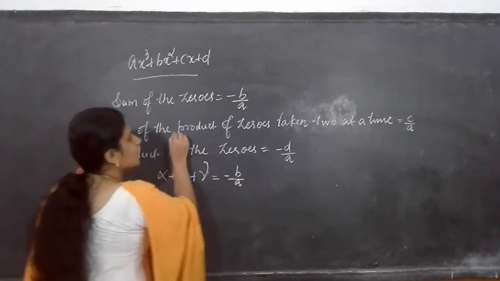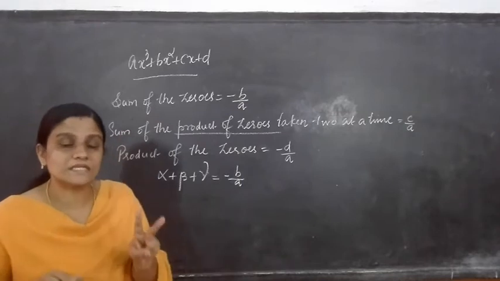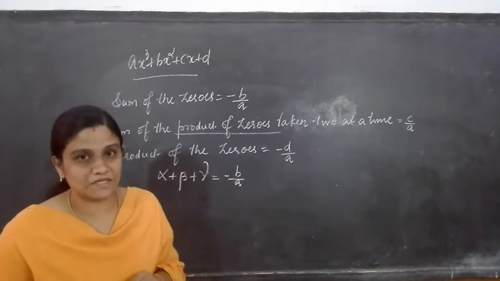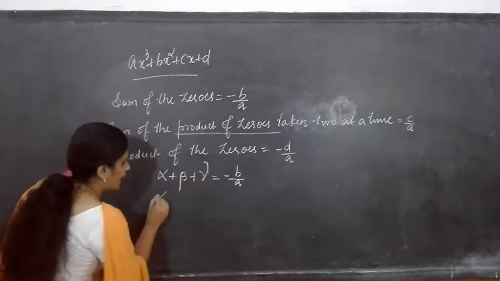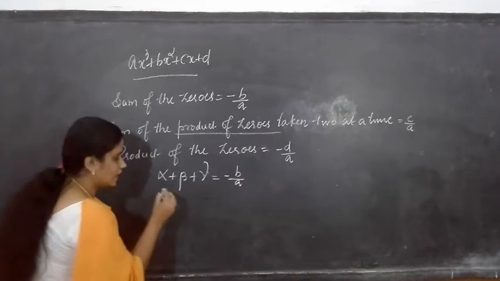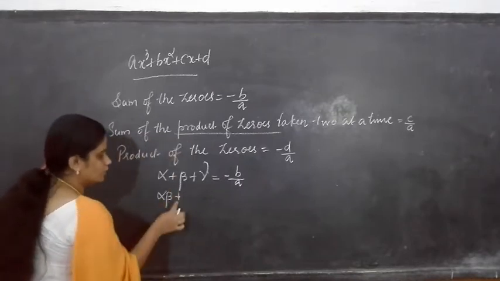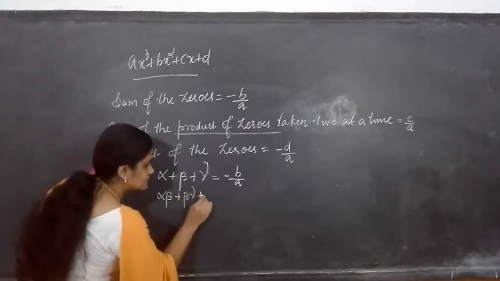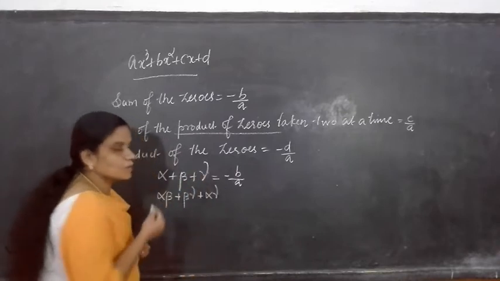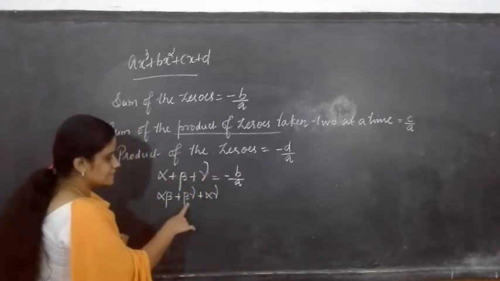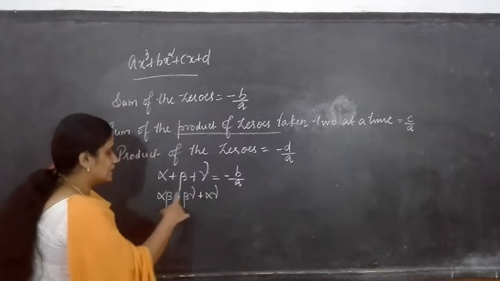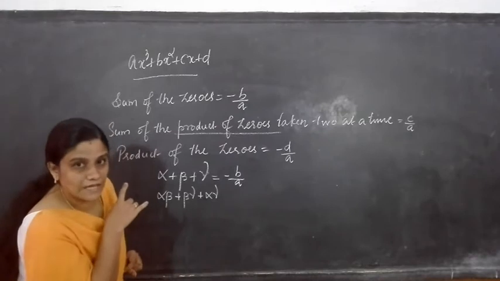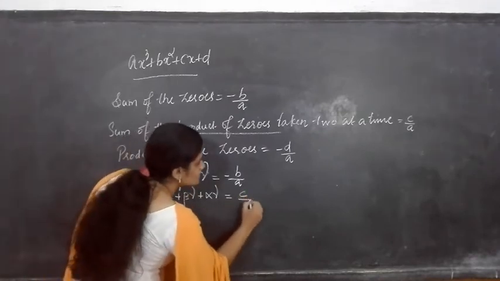That means the product of two zeros taken at a time. So alpha into beta, plus beta into gamma, plus alpha into gamma. So alpha beta plus beta gamma plus alpha gamma, the product of the zeros taken two at a time, is equal to c by a.